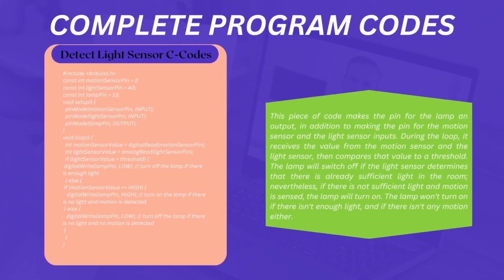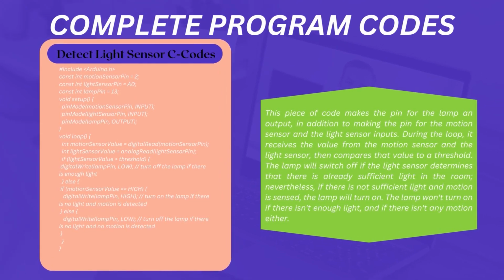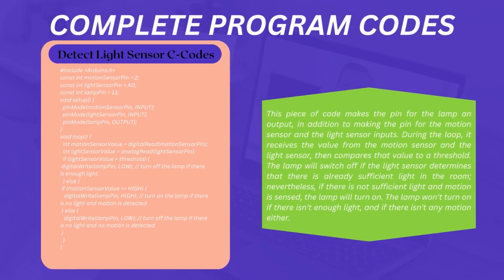So for the last complete program code, detect light sensor C code. This piece of code made the pin for the lamp an output. In addition to making the pin for the motion sensor and the light sensor inputs, during the loop, it receives the value from the motion sensor and the light sensor, then compares the value to a threshold.